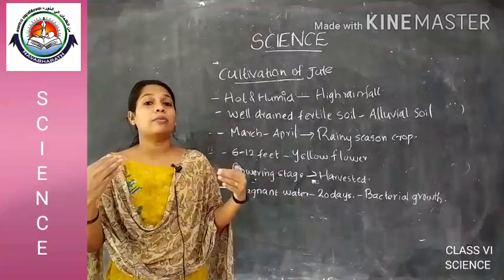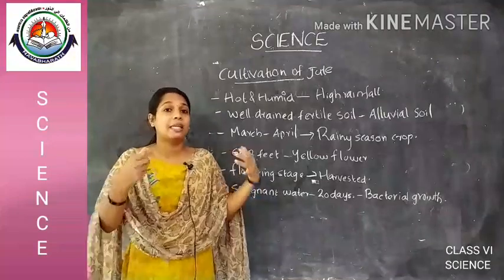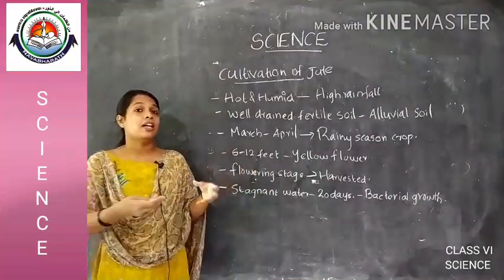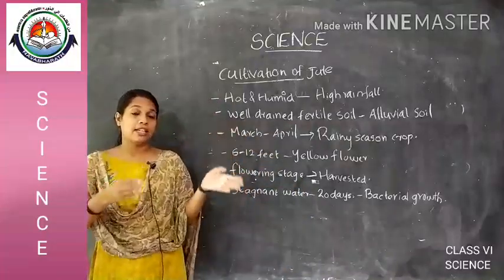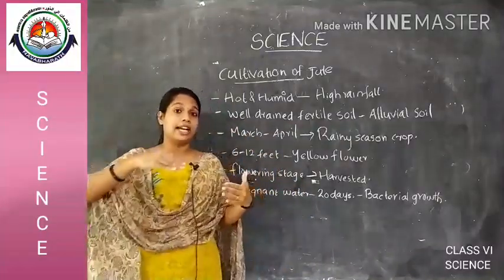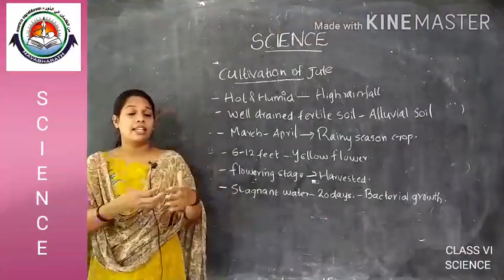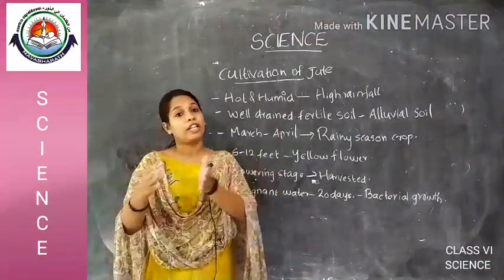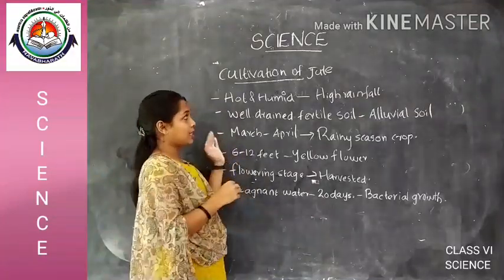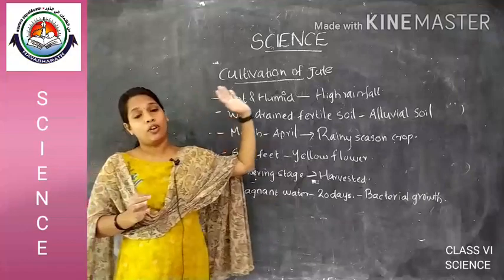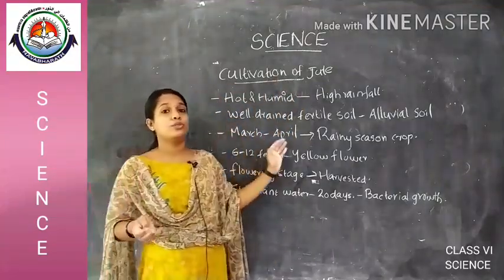When the bacterial growth appears, it will rot, and we can separate the fibers by hand itself, and then it is sun dried and taken to the mill. In the mills it is spun and made into textiles. Okay, so this is the process of cultivation of jute and the conversion of jute fiber to jute fabric.